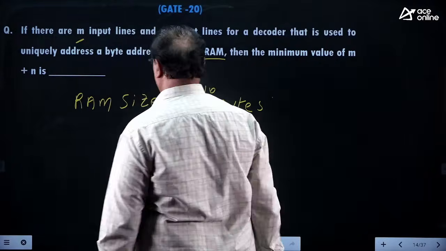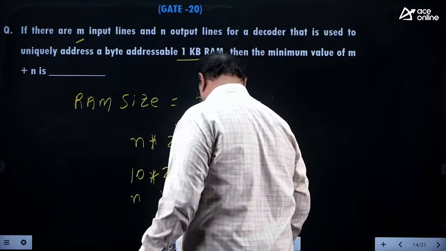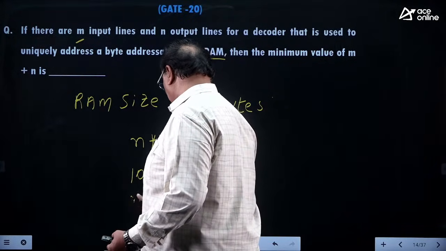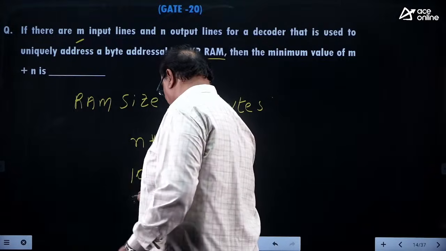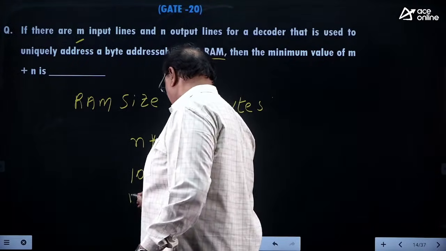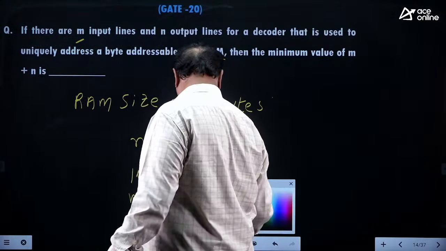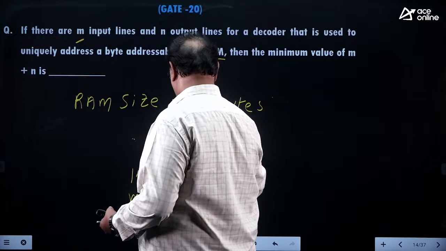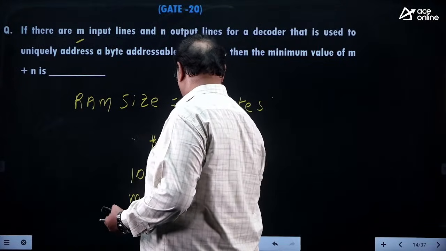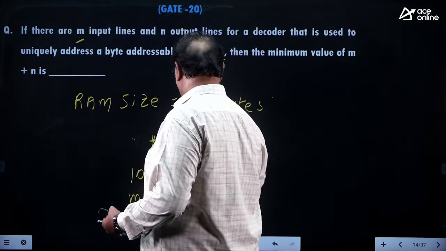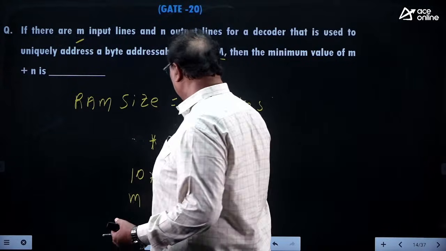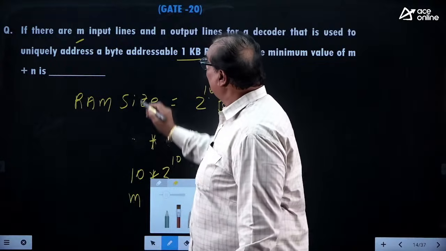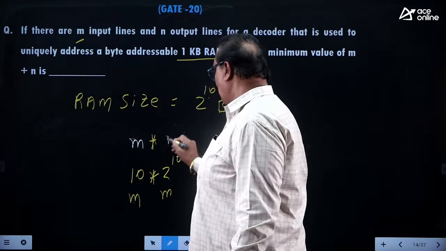Here, M inputs. Look here. M inputs means 10 is the inputs. According to the information given here, generally we require a decoder of size N into 2 power N, but here the information given is M inputs and N outputs.